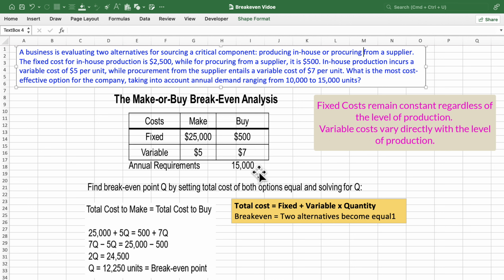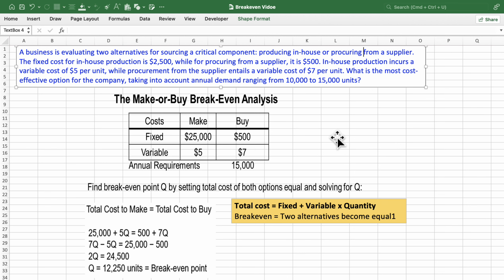Annual demand is expected to be 15,000. We will be exploring it for a range from 10,000 to 15,000 units. Now this decision whether the company should produce it in-house or buy from the supplier is based on cost. How much cost each alternative incurs.